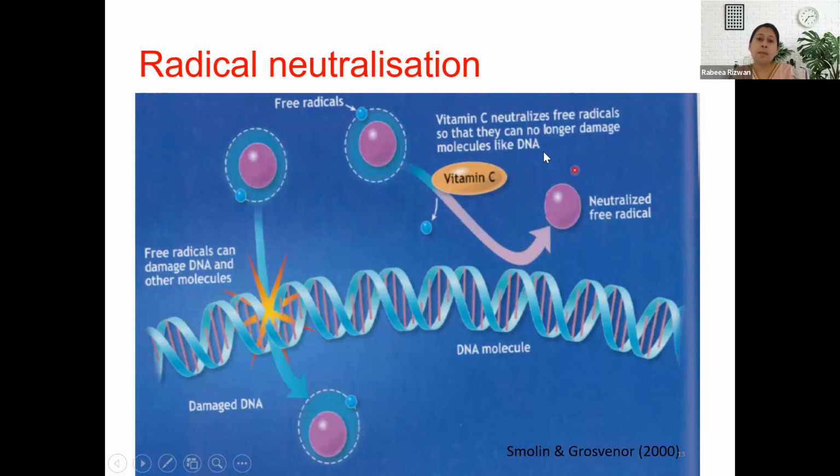But there is an example like vitamin C, which acts as a scavenger, protecting our DNA and other normal parts of the cell of our body to prevent damage from these free radicals, by getting these free radicals neutralized. And this figure is taken from an article that was published in the year 2000.